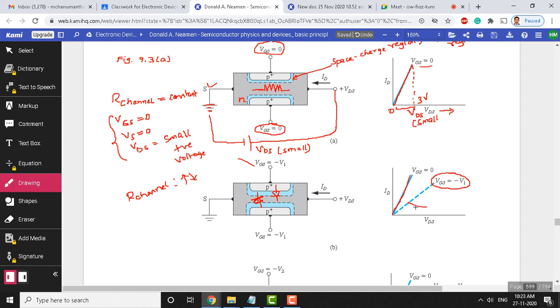Same for small VDS here, but with negative gate-source voltage, VGS negative, you can see that the slope has decreased. What happened to the channel conductance? Channel conductance decreased, and resistance in the channel increased. So due to that there is a drop in the slope.